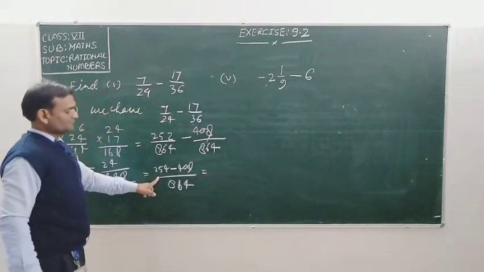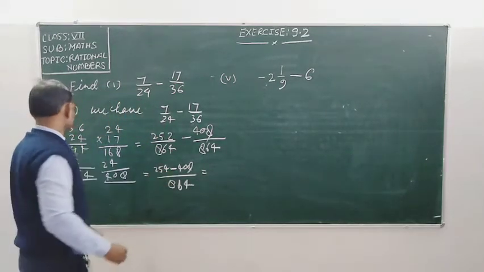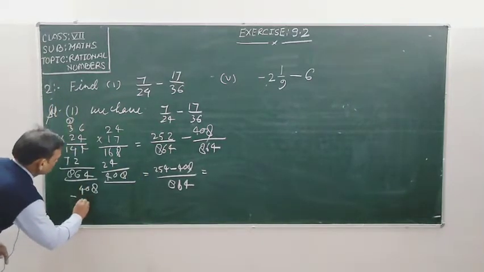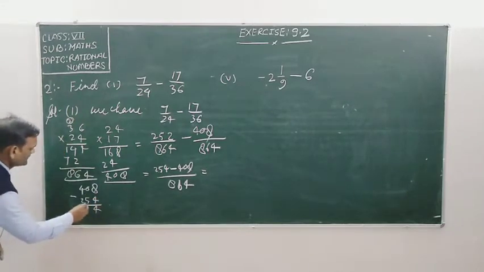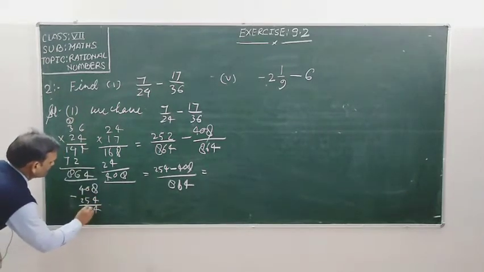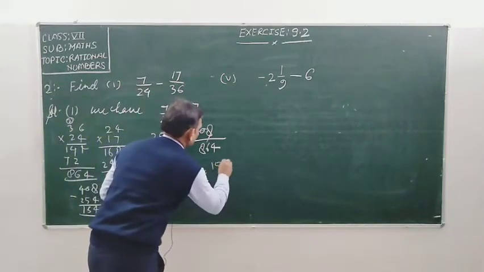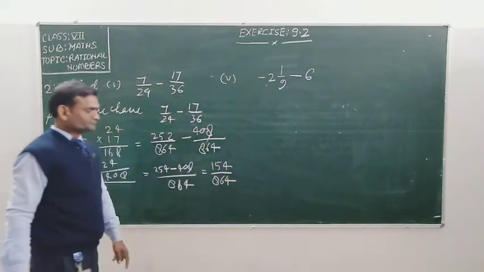We get, student, 408 minus 252. Subtract here. 408 minus 254. 8 minus 4, 4. 10 minus 5, 5. 3 minus 2, 1. 154. We get 154 upon 864.